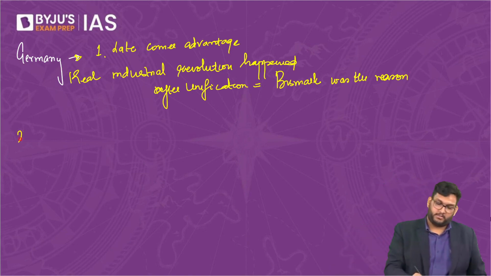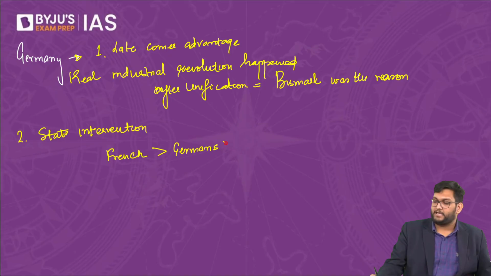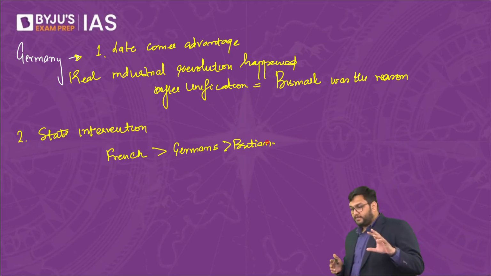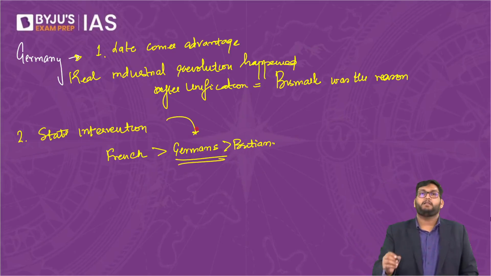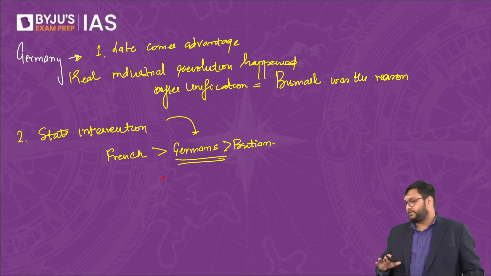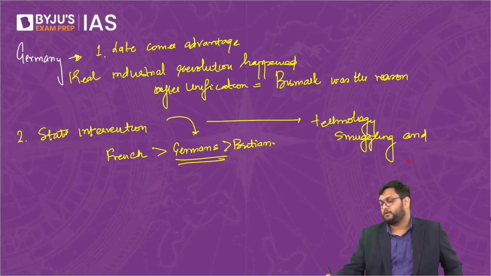Now, when we talk about state intervention, whilst the French had the most, the Germans had less than the French but more than Britain. Basically, the simple straightforward point is the Germans did play a part. The German state did intervene, but less than the French, more than the British. So here again, technology smuggling and state intervention was there.